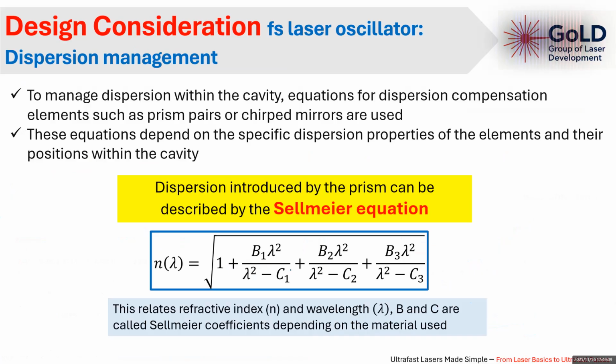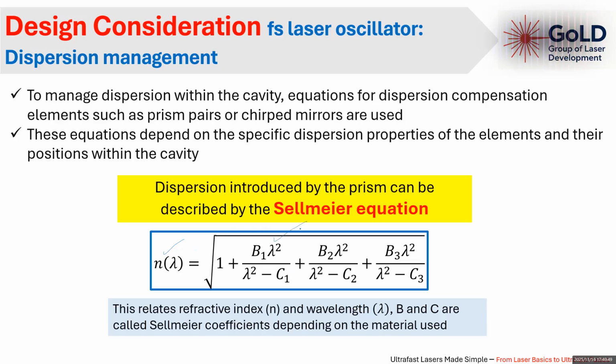What other thing we are considering is dispersion management. Whenever you design or make the oscillator, you have to think about the dispersion there. Definitely you will insert prisms or some other arrangement to compensate the dispersion. But this equation is very important to know, called Sellmeier's equation.